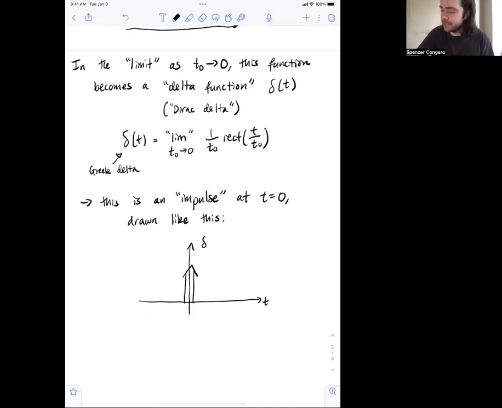Okay, so this is delta of t. And we typically denote its height by its area, which is a little weird. And again, in future videos, we'll talk much more about the delta function. But I'll just tell you for now, we denote its height, which is really infinity there, but when we draw it, we denote its height as its area, which is 1.